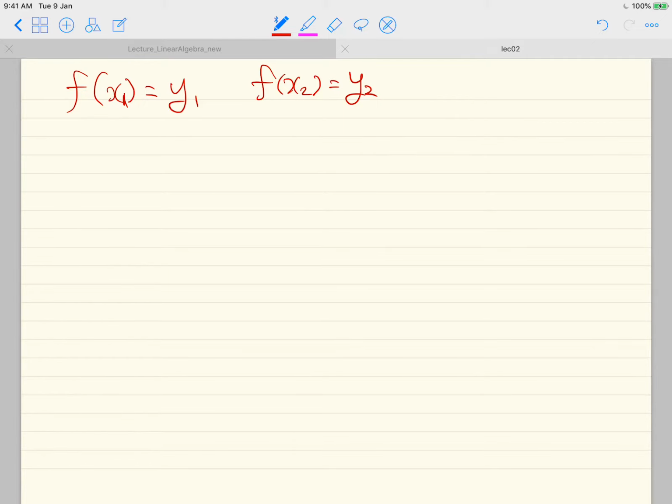In this case, if f is linear, then for any x1 and x2, taking this linear combination first and then giving it as an input to our function should be the same as this guy, right?